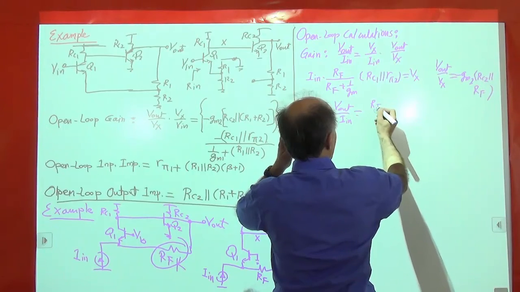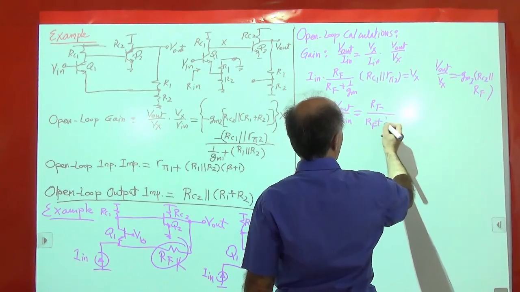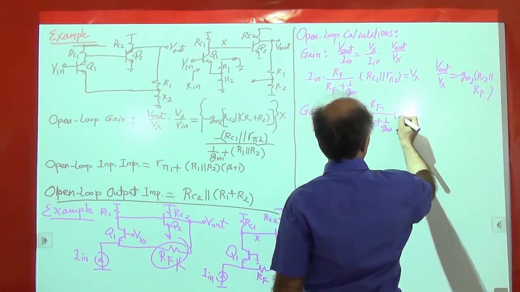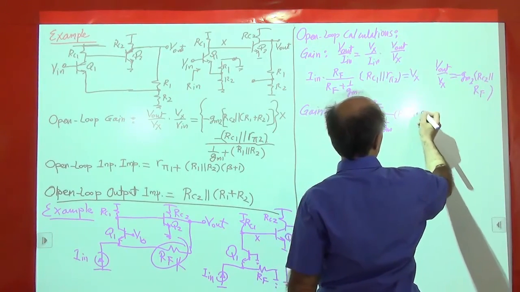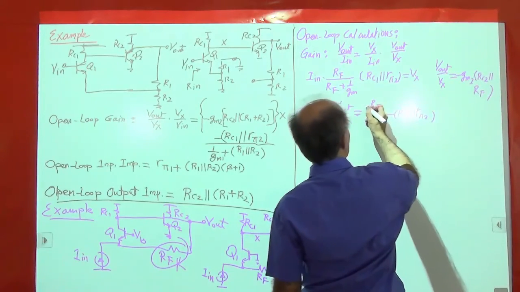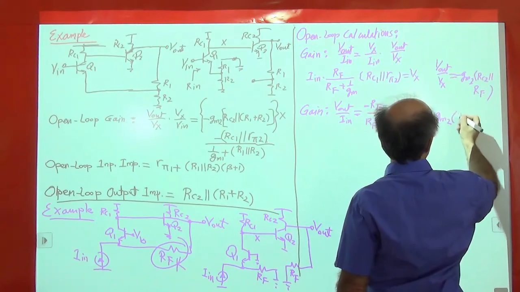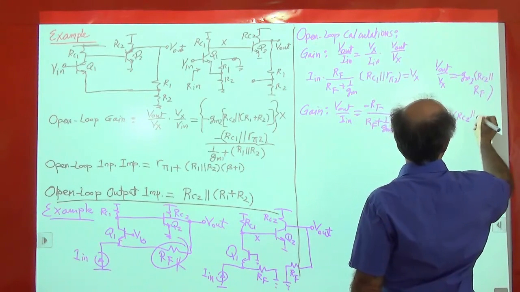We have a big expression: RF plus 1 over GM, RC1 in parallel with R pi 2. And then times this, there's a negative sign here, I'll just put it over here. We have GM2 and then RC2 in parallel with RF.